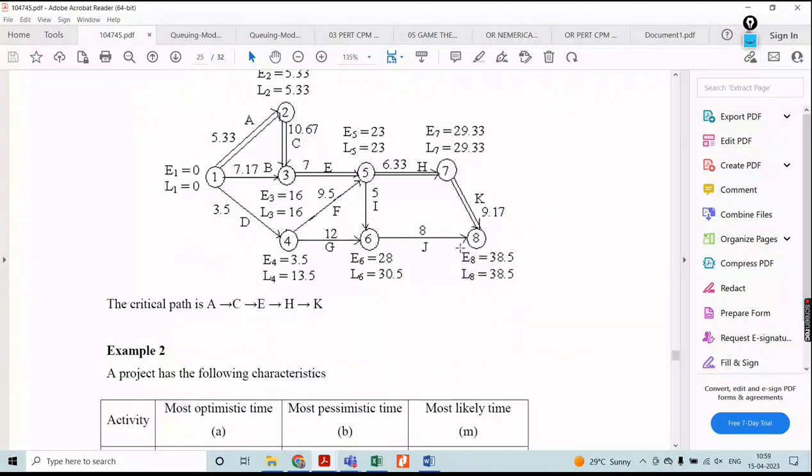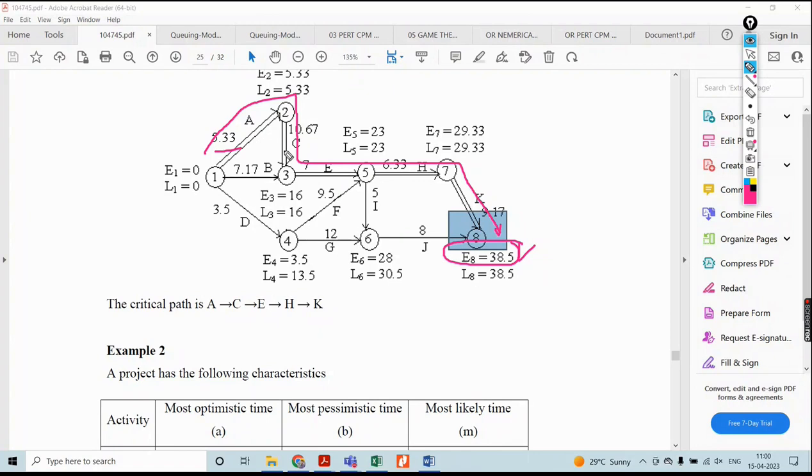Critical path is what? The time of completion of the project work should be equal to the sum of each individual activity's completion. That is 1 to 2, then 2 to 3, 2 to 5, then 5 to 7, 7 to 8, equal to 38.5, because this is the end event. Which will be equal to the critical path. This time is equal by using the expected times you calculated.